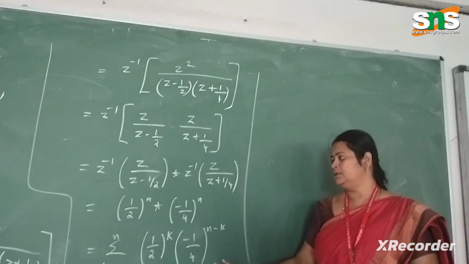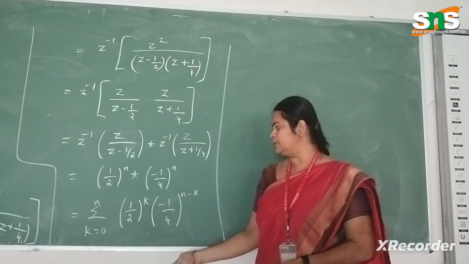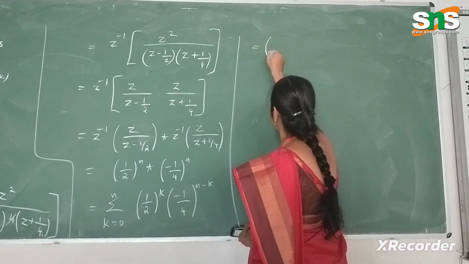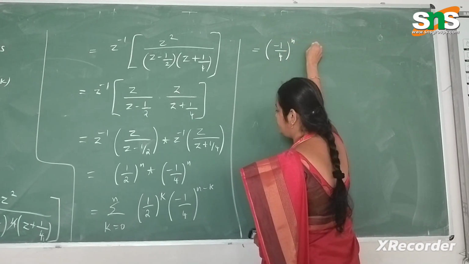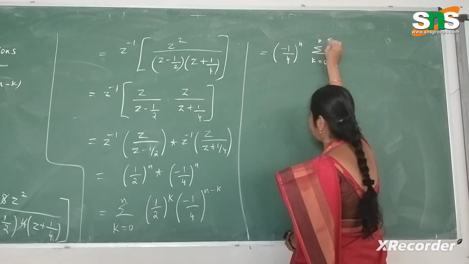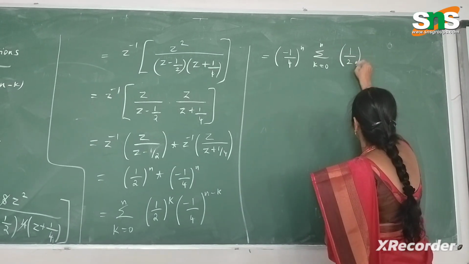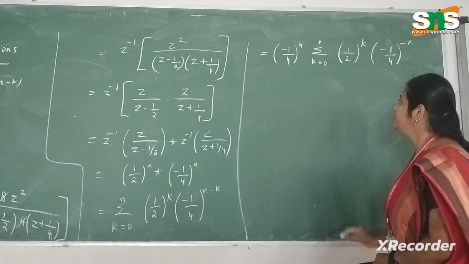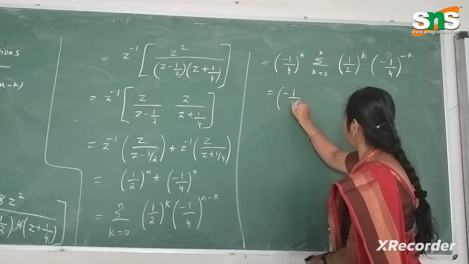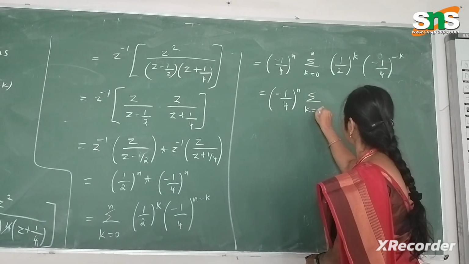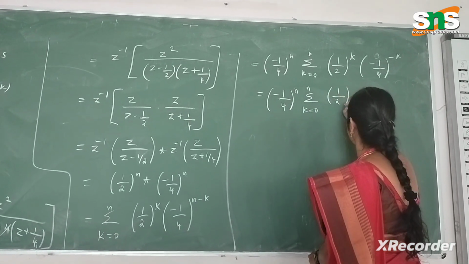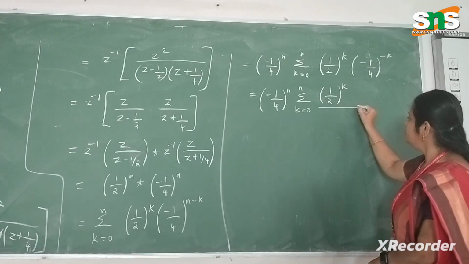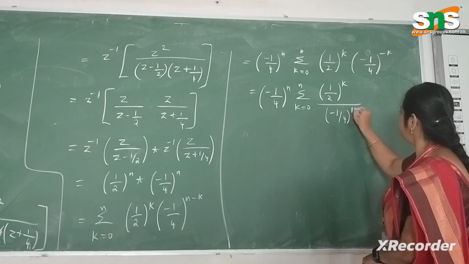From this equation we are going to take the terms which are independent of k outside, that is (minus 1 by 4) power n. So you get summation k from 0 to n, (1 by 2) power k into (minus 1 by 4) power minus k. Which is equal to (minus 1 by 4) power n summation k equal to 0 to n, (1 by 2) power k. I am bringing this (minus 1 by 4) power minus k to the denominator, so you get (minus 1 by 4) power plus k.